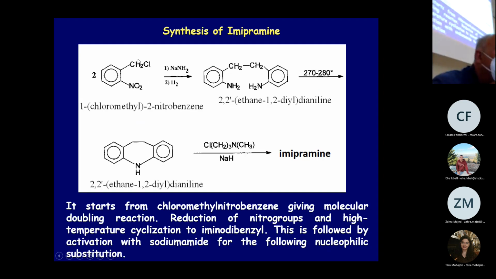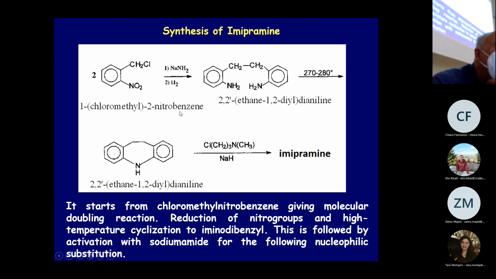Strong base, we have the formation of the minus charge. The minus charge is able to attack the other molecule of the starting reagent. Formation, if you remember, of the hydrochloric acid elimination, and then we have the loss of another molecule of hydrochloric acid. Reduction with hydrogen of the double bond in this position and the reduction of the two nitro groups to give the amino group.